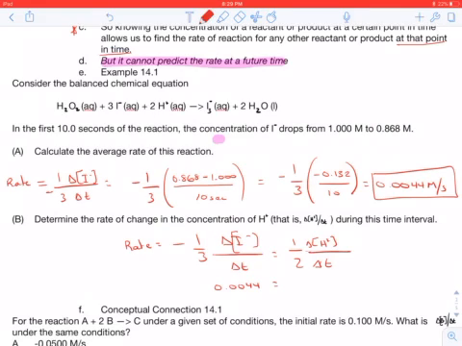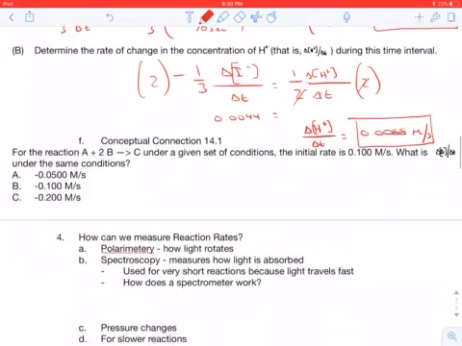To solve, we're going to just multiply that by 2. Obviously, we're trying to isolate the delta H plus, so we put this on each side. And when we multiply that by 2, we come up with our rate for H plus. The change in H plus over delta T is going to be equal to 0.0088 molarity per second. All right, rolling on.